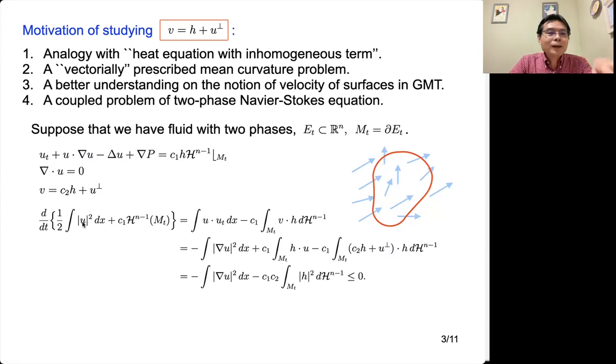And also, sorry, the other natural bound you get is that the kinetic energy is bounded in time uniformly. Okay, because if you integrate in time, then this quantity is bounded in time, right? So that's a natural class that you might want to look at.